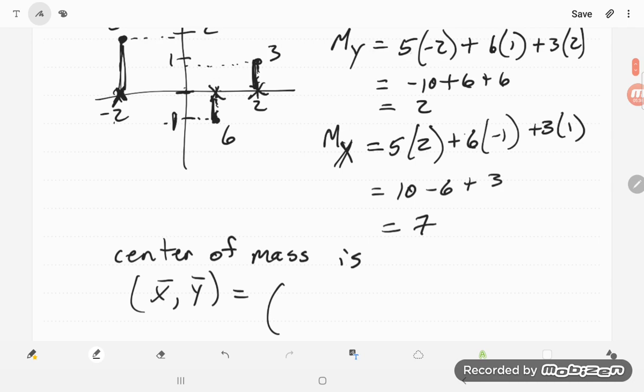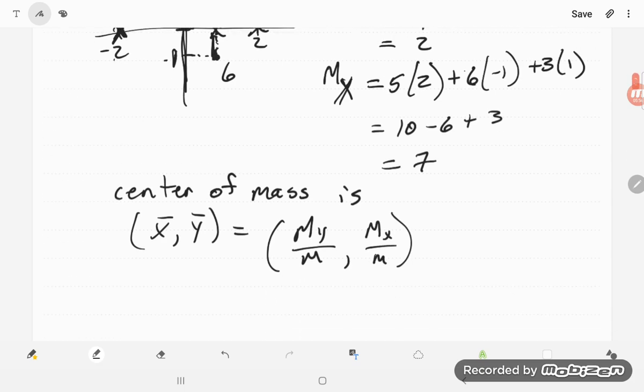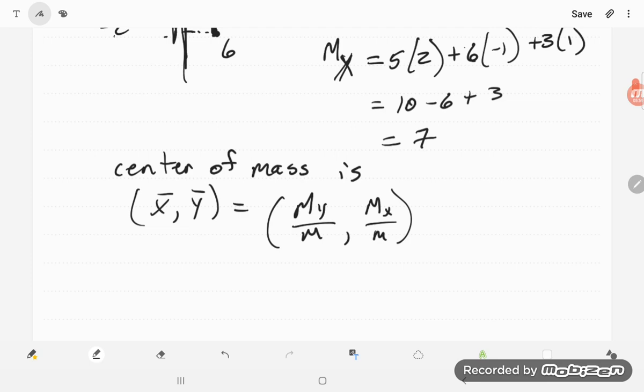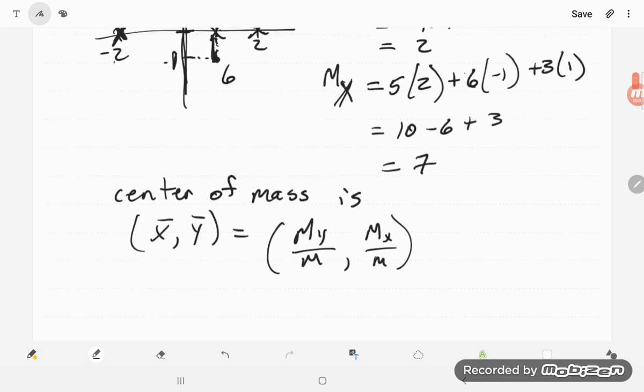Remember that m sub y was using this y-axis as 0, and so we were taking those distances, those are the x distances. And so this is m sub y over m, and similarly m sub x over m. So by the notation, they look backward. And that's just something to remember.